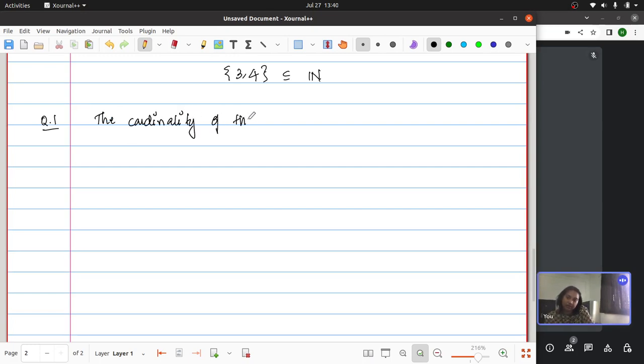It's just the number of elements in this set, which is 2. So the answer is 2.